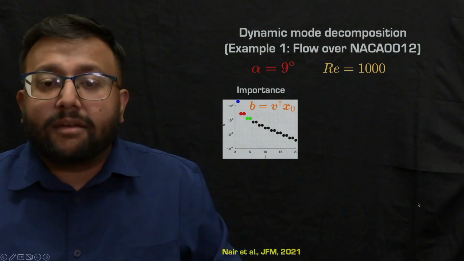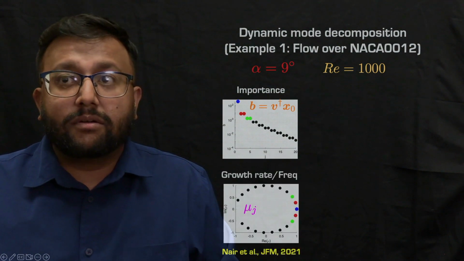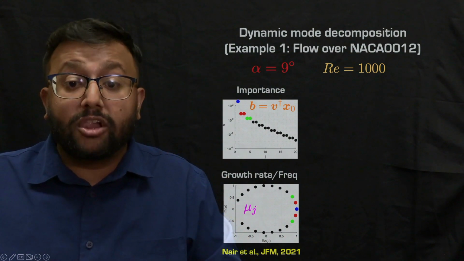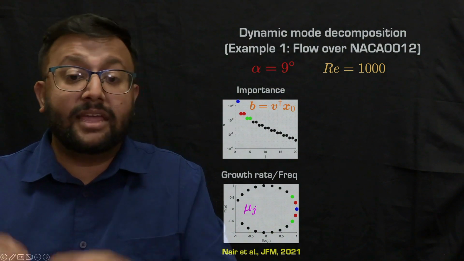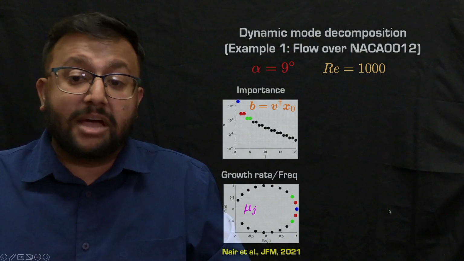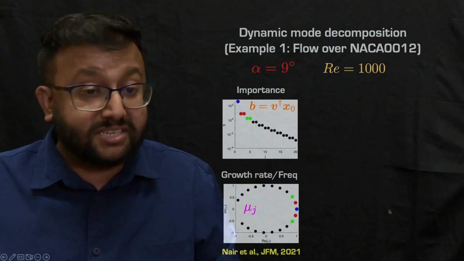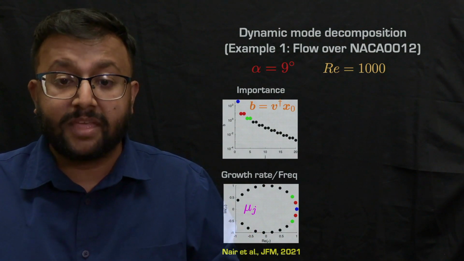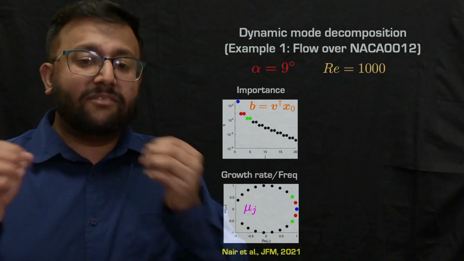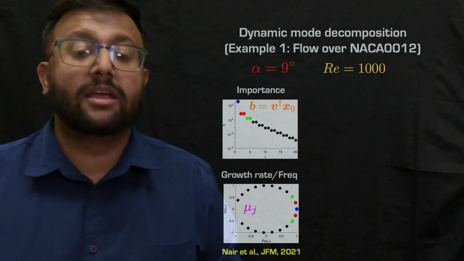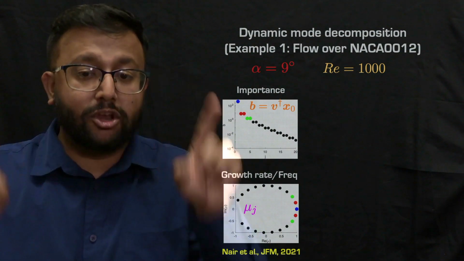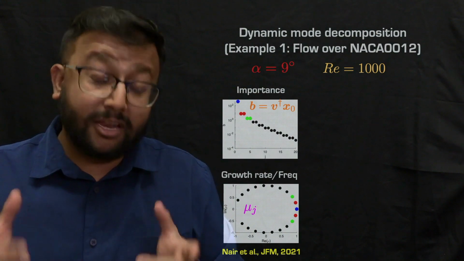So now we looked at relative importance, but we also want to look at characteristic values. This is similar to the temporal coefficients that we obtained in the POD modes. In the DMD modes, we get growth rates and frequencies associated with the modes. So what I'm showing here is a plot of mu, which is the eigenvalue associated with the approximate operator A tilde, which will lie on a unit circle for nonlinear flow.